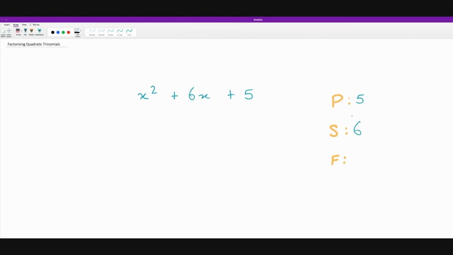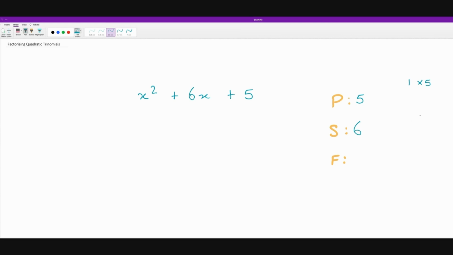Now, the best way to do this is, if you're stuck, go ahead and write down all the different possibilities that can give you a product of 5. So off to the side, I would go something like 1 times 5 gives me 5. Is there anything else that gives me a product of 5 that is a whole number? No. So I would leave it there.